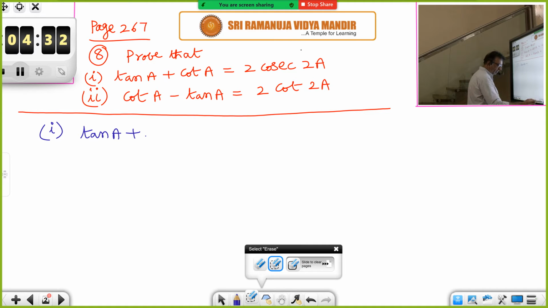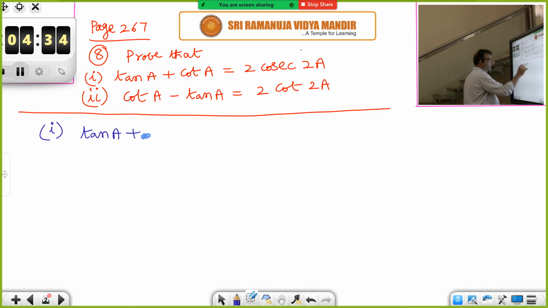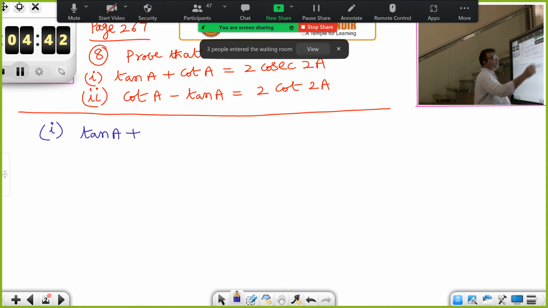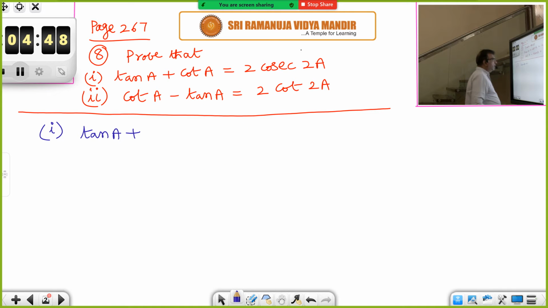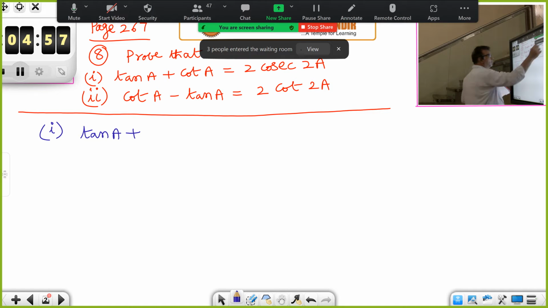Any new student? Or otherwise I will call the old students only who are actively participating. Anybody? Newcomer? Come on, Sai Vardhan. Yes, sir. So please help me in solving this problem.